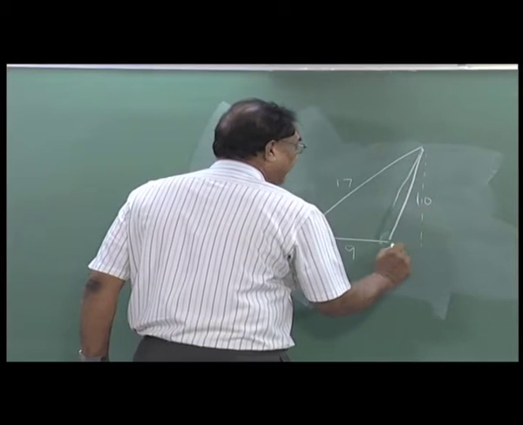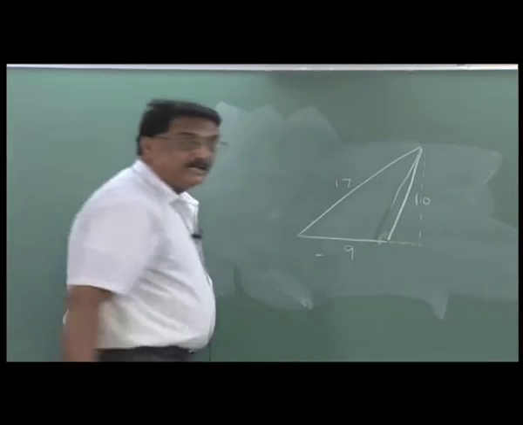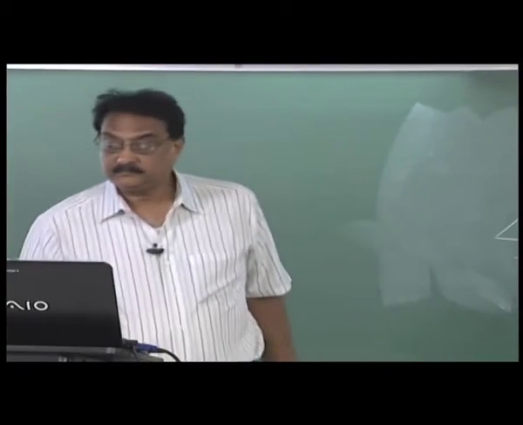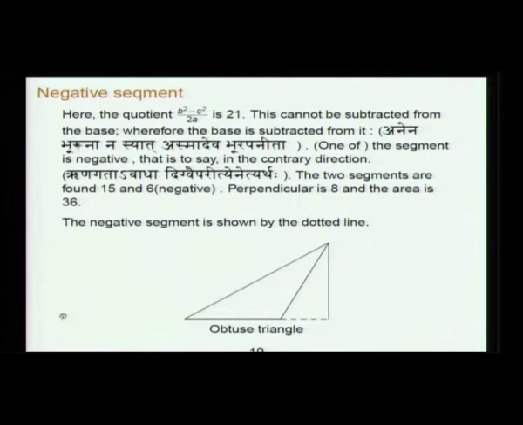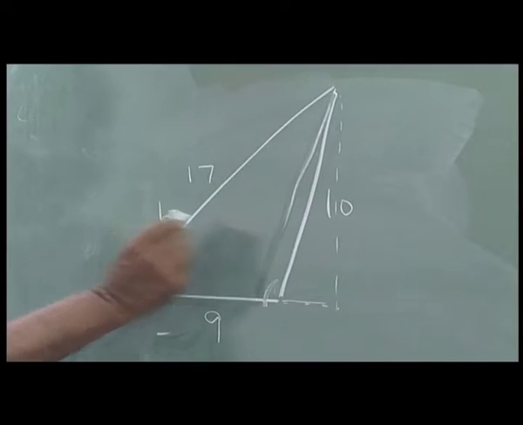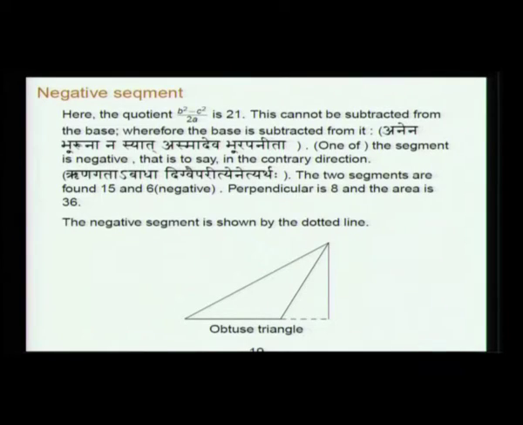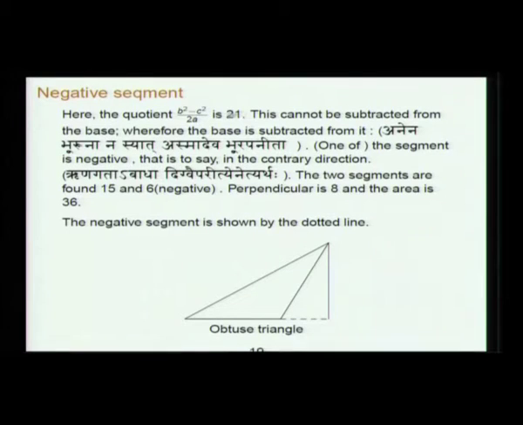So you have to find the segments and the perpendicular. The quotient is b squared minus c squared by 2a. If you write the sides as b and c and this is a, in the segment calculation you get b squared minus c squared by 2a, and that has to be added to and subtracted from a. So b squared minus c squared by 2a is 21. This cannot be subtracted from the base, wherefore the base is subtracted from it.